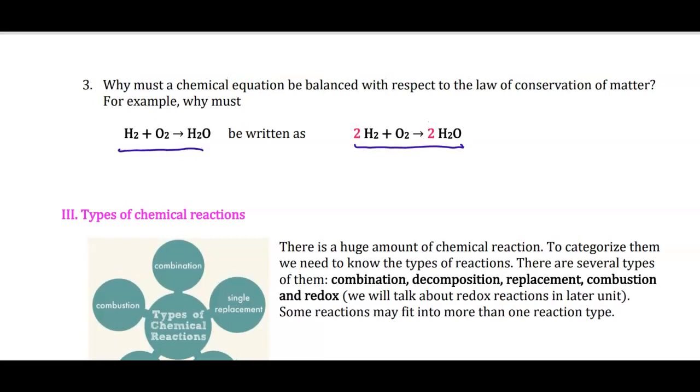If we have 2 hydrogens here, we need to have the same amount here. Yes, and it is the same. But what about oxygen in this way to write this equation? It's not balanced, so that means that we lost 1 oxygen, and this cannot happen, right? So that's why we balance equations to show that the law of conservation of matter exists in nature. Okay.